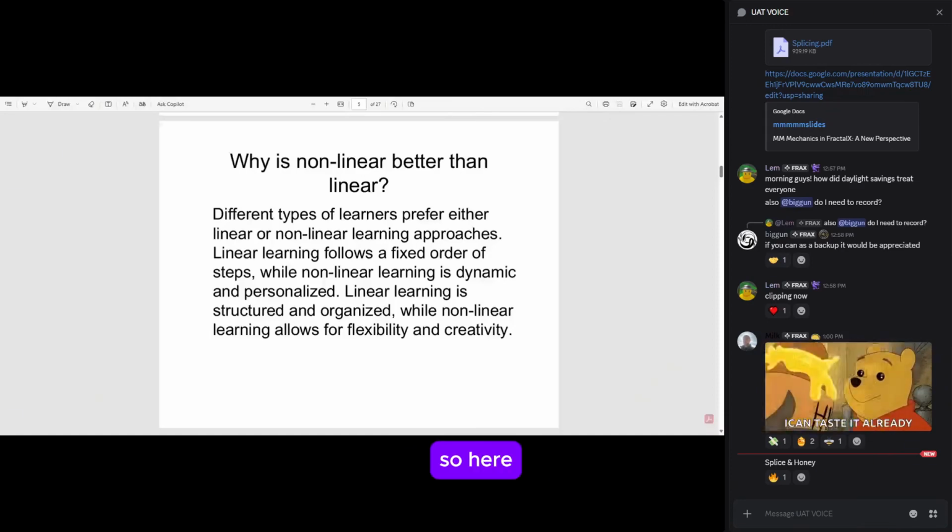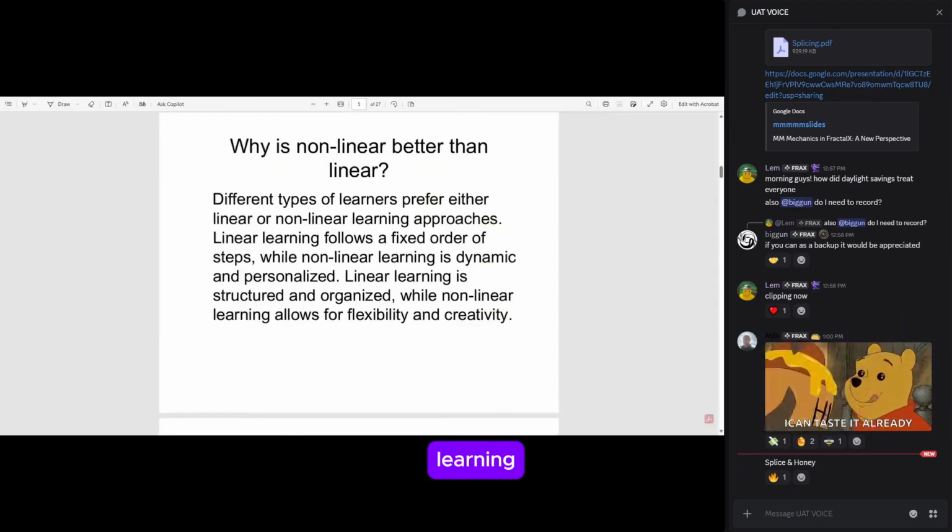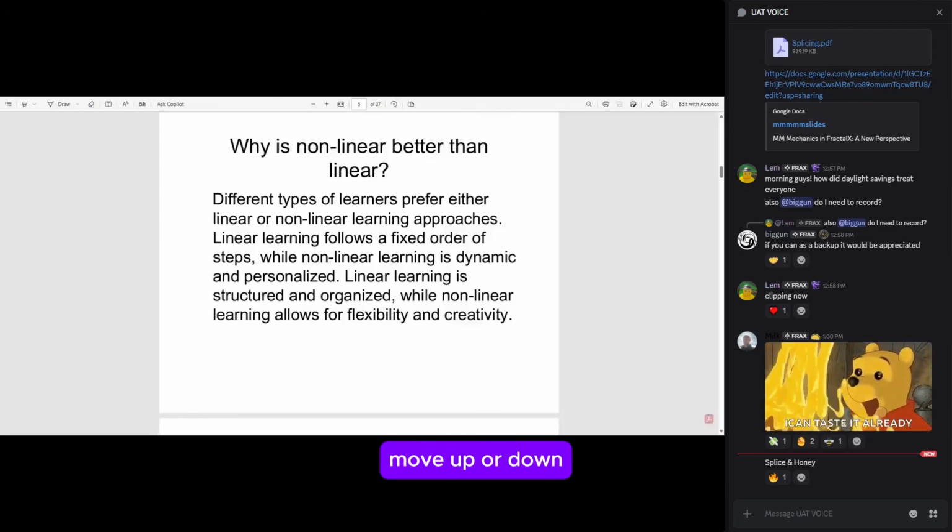So here, for example, they're saying the different types of learners prefer either linear or nonlinear learning approaches. The linear learning follows a fixed order of steps. Like when you're looking at an analog graph of the market, time and price, there's always a connectivity between the time and price, because there's always overlap in the data. It doesn't jaggedly move up or down.